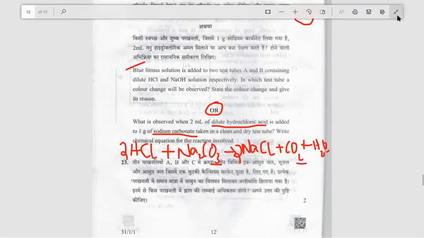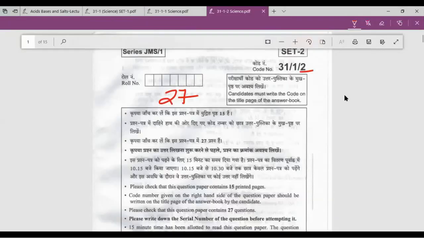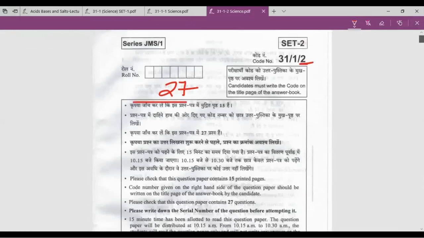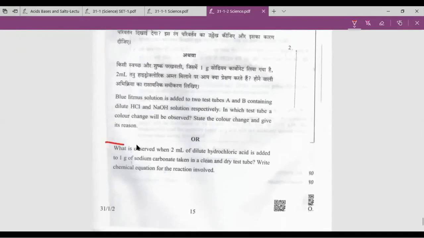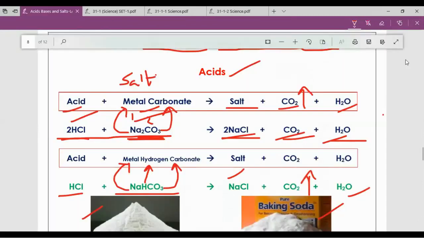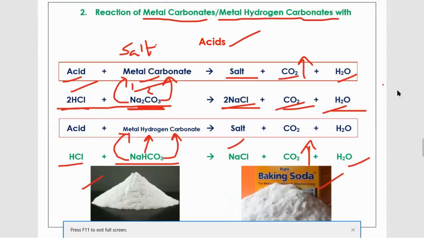So try to read the textbook thoroughly. In 2019 second set also, the 27th question, if you observe, the same question is repeated. But in set 3 they have asked a 5 mark question. We'll see that question when we see some other concepts.